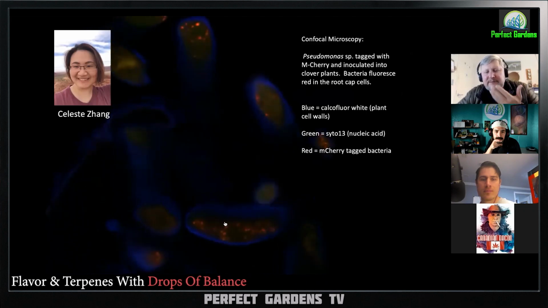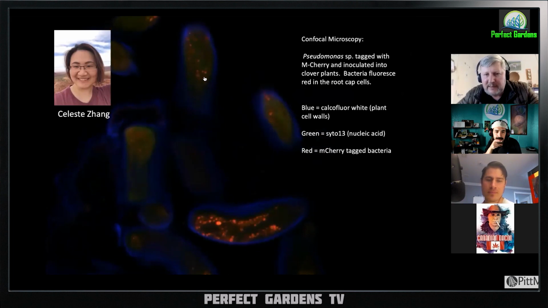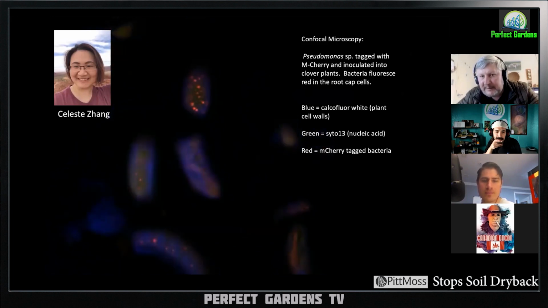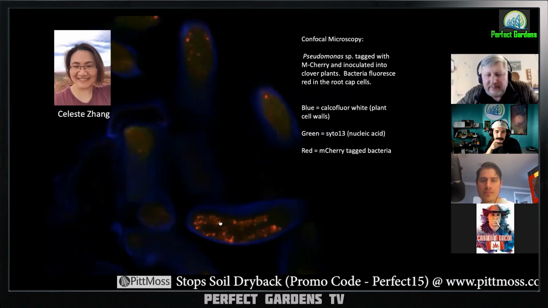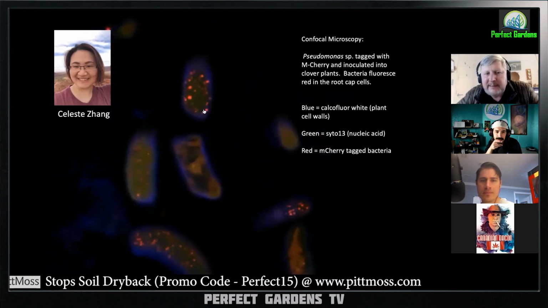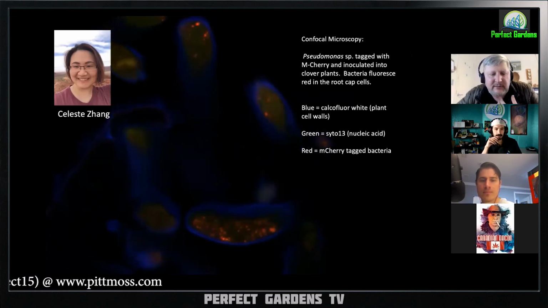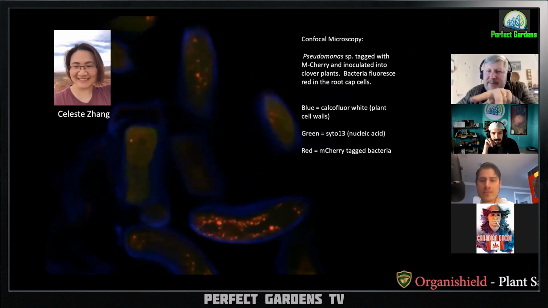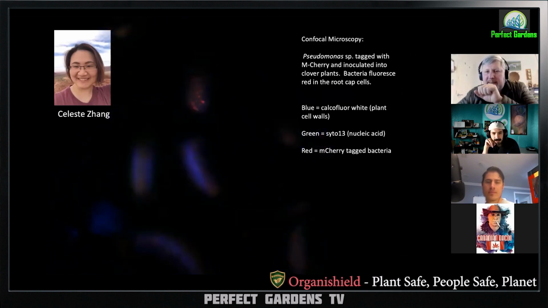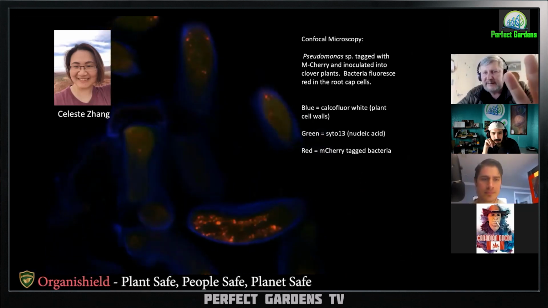And here you can see her scanning the image through these cells of what was this plant? I don't know, clover plants, I think. These are the root cap cells, and you can see the red things there. Those are the bacteria inside those plant cells. Wow. So yeah, you can see, and that's labeled. So she knows the bacterium, Pseudomonas, and then she put this tag on it, and now you can see it in the plant.